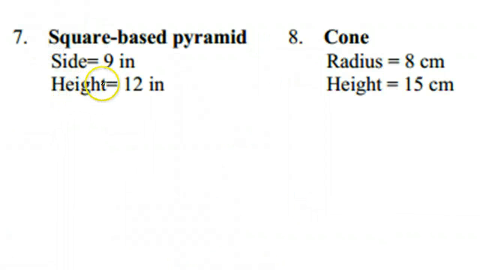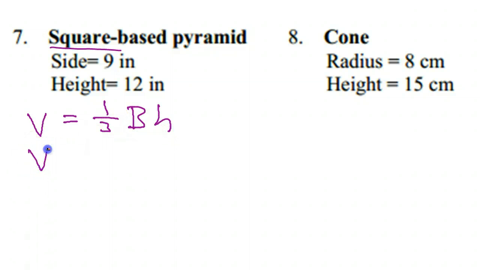For number 7, they did not give us a picture, but they told us we're looking at a square-based pyramid. When they say side equals 9 inches, they're talking about that square. We know we're talking about a pyramid, so the volume is 1/3 area of the base times height.